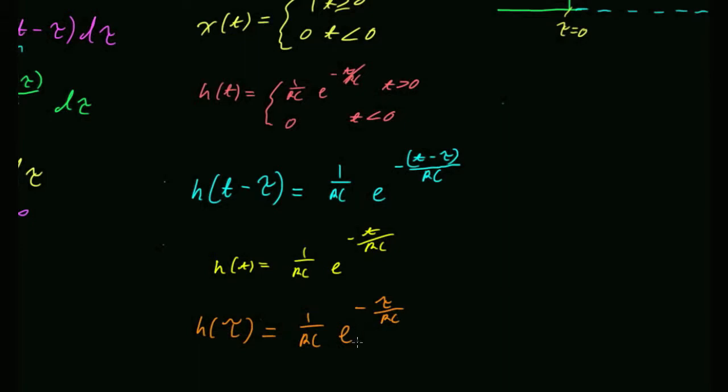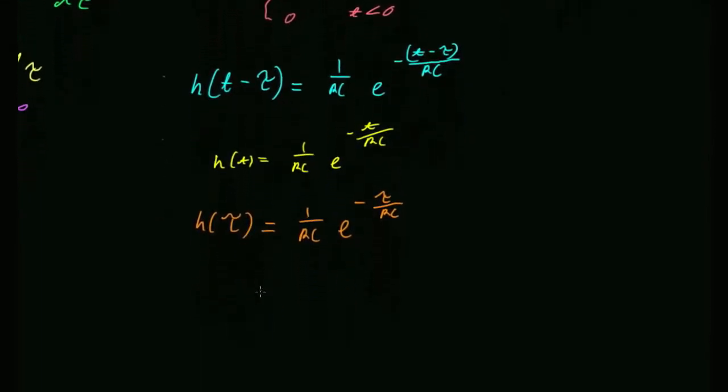Now, if I want to do h of minus tau, right, so h of minus tau ought to look like, if h of t and h of tau look like this, what's h of minus tau going to look like?